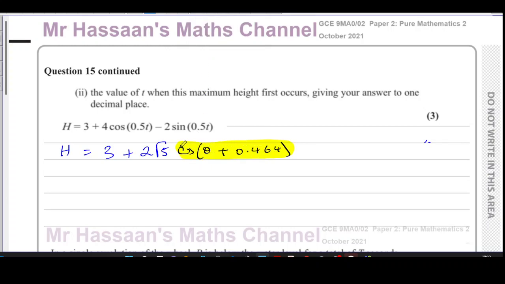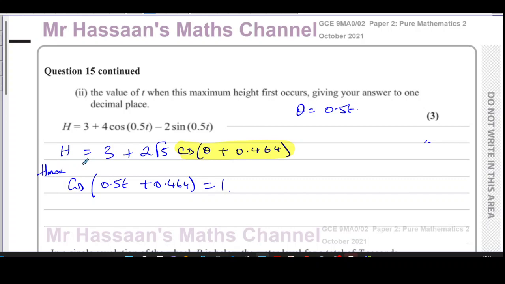Remember, we changed theta to 0.5t plus 0.464. So cosine of 0.5t plus 0.464 equal to 1 is when you have h max.